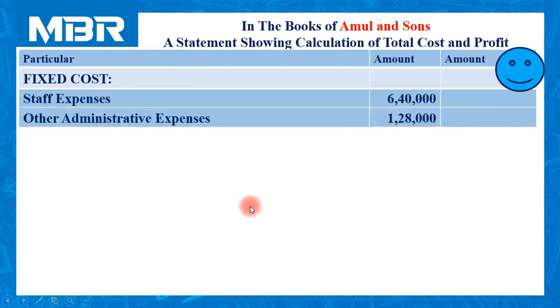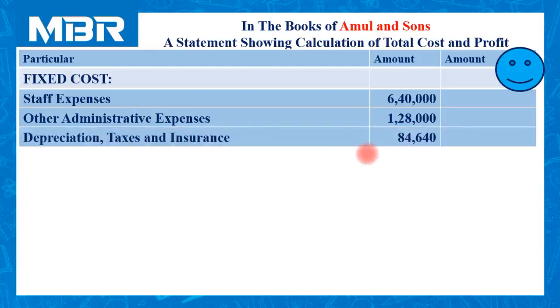Then other administrative expenses incurred for rupees 1,28,000. And in addition to these two items, the hotel has paid depreciation, taxes and insurance for rupees 84,640.